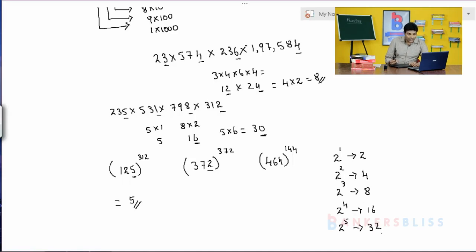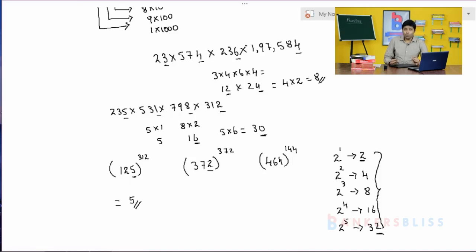Here again the unit digit is 2. So it is a cycle. After 4 you are getting the unit digit same. 2 power 1 is 2, 2 square 4, 2 cube 8, 2 power 4 16. So it is a cycle. So after 4 numbers again it repeats.